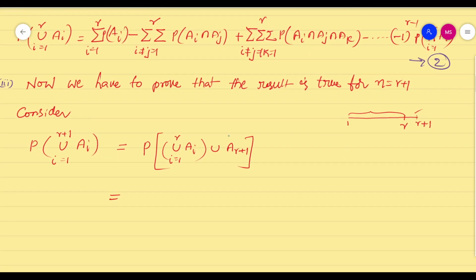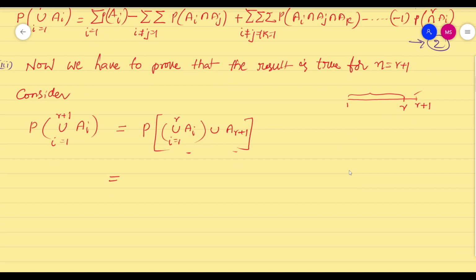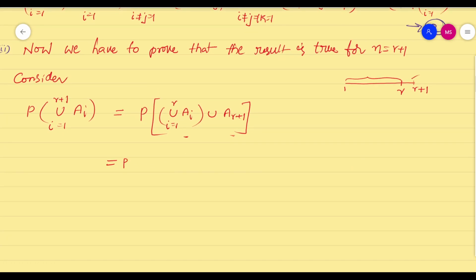From equation 1, we write p of union i running from 1 to r ai, plus p of a r plus 1, minus p of the intersection of union i running from 1 to r ai with a r plus 1.